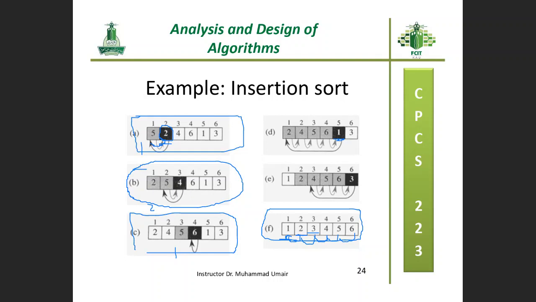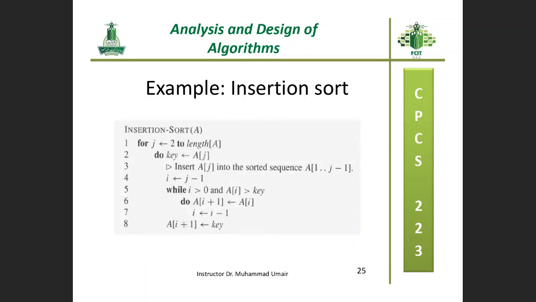And if you have the minimum number of comparisons to rearrange the values, it means you will complete your execution in the minimum possible time. If I come back to the algorithm, in this while condition, if the data is already sorted, this condition will always remain false.